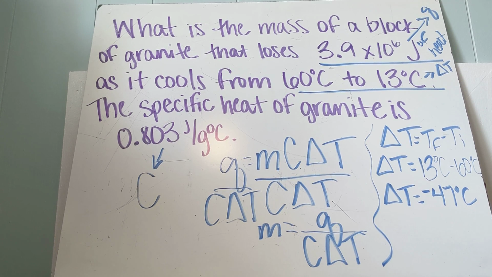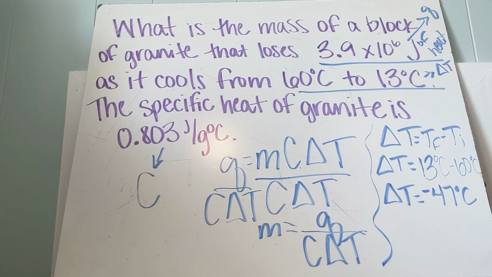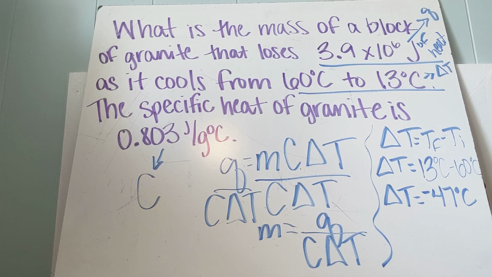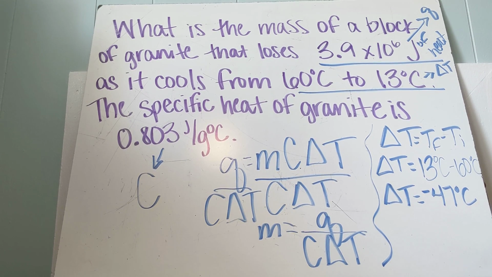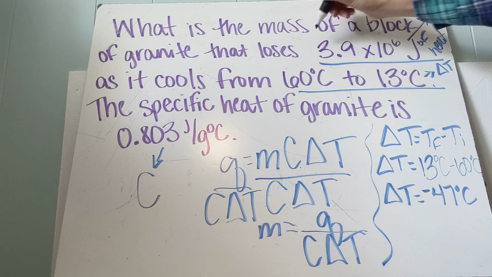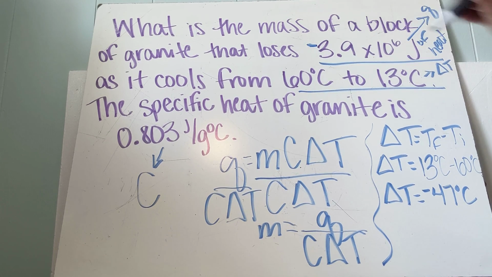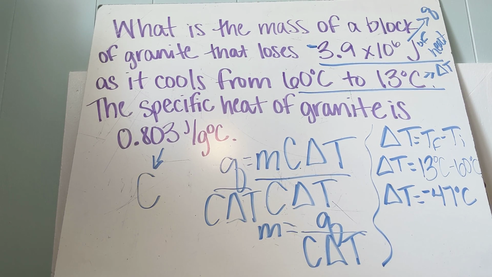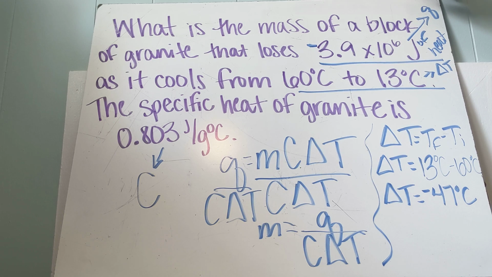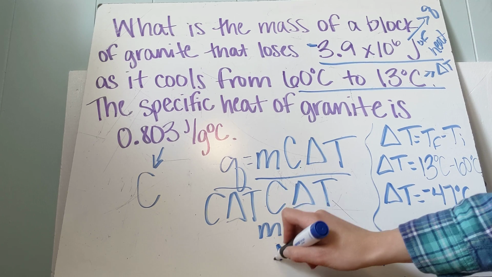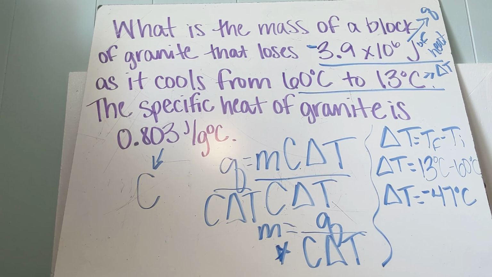One thing that I want to point out, it says the granite is losing this much heat. If it's losing heat, I can change this to a negative value to imply that it's losing the heat. All right. So make sure you have all of this written down so that we can plug in to this formula.